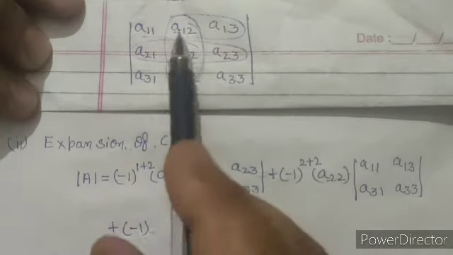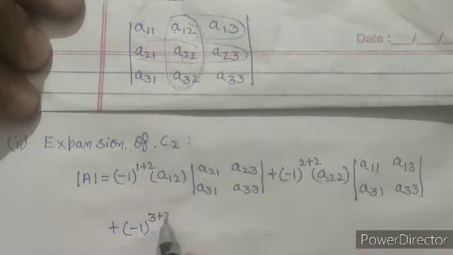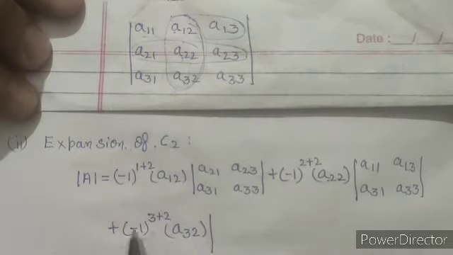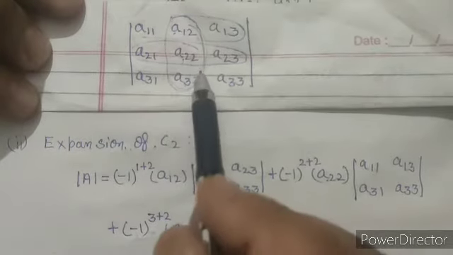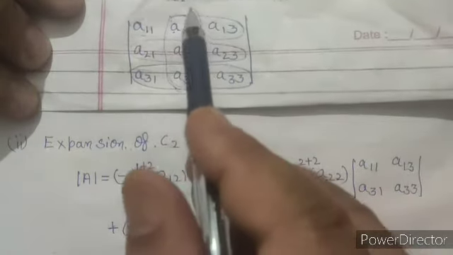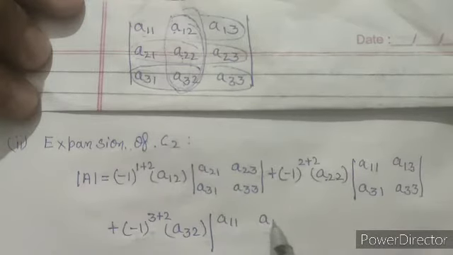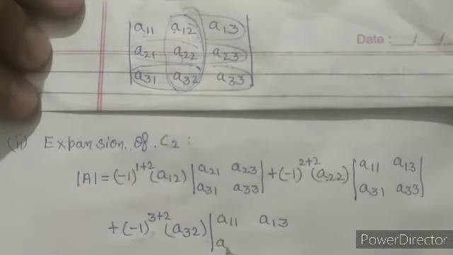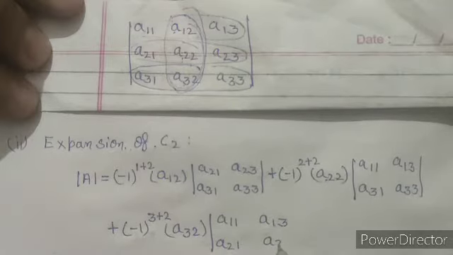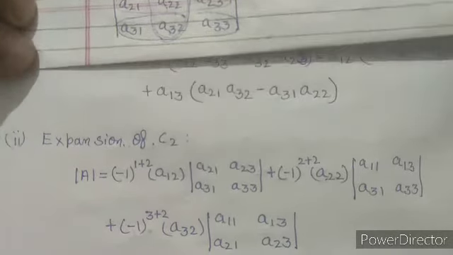Now third element of column 2 was A32, that will be 3 plus 2 A32 into. Now again A32, that means we have to eliminate the row and column of A32, and that will give us A11, A13, A21 and A23. Determinant of A11, A13, A21 and A23.